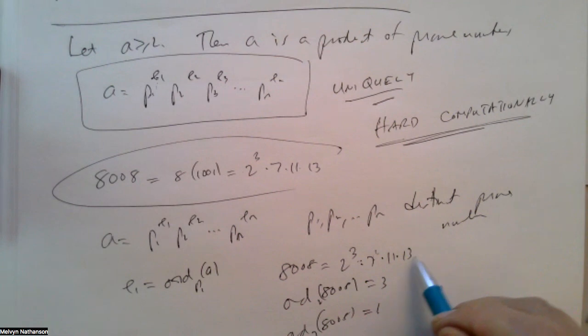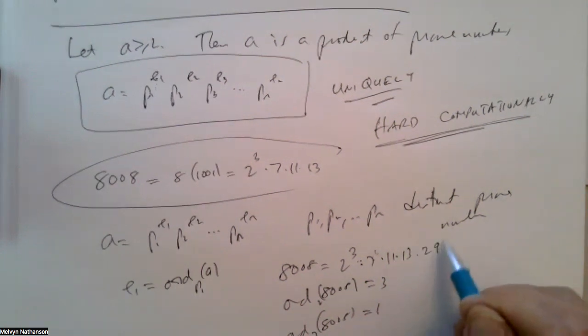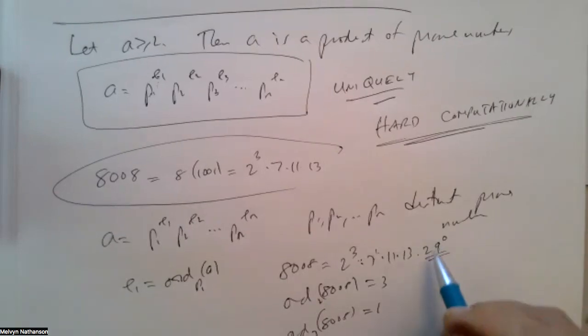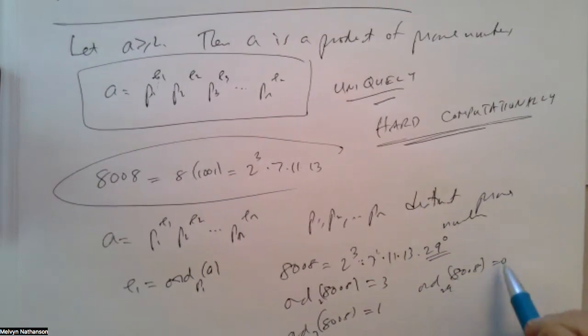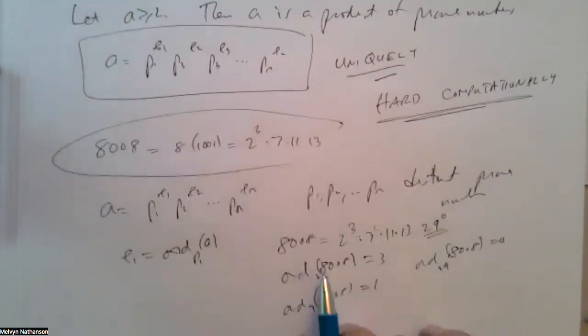If I take a prime like 29, 29 to the 0th power is just 1, that doesn't occur. So we could say that the order of 8,008 at the prime 29 is 0. That simply is another more complicated way of saying that the prime 29 does not divide 8,008.